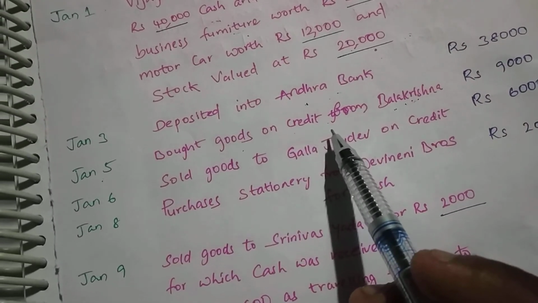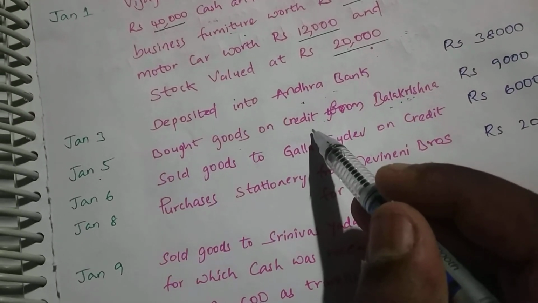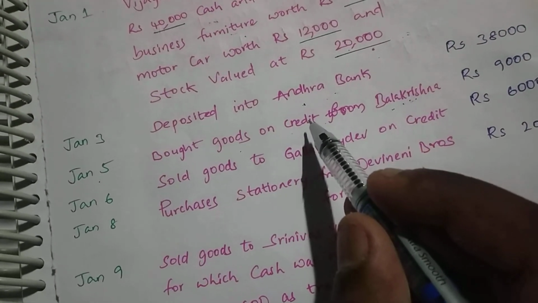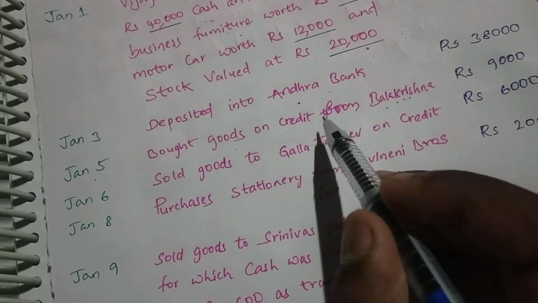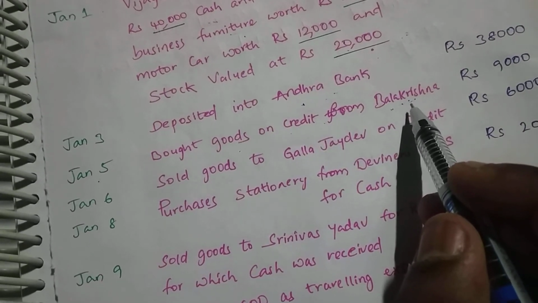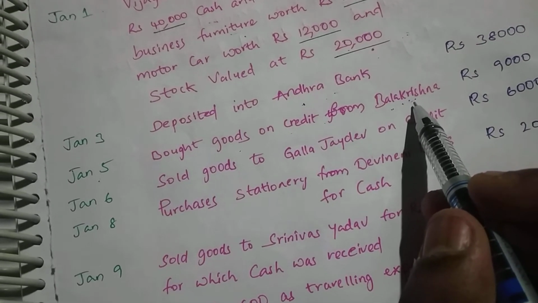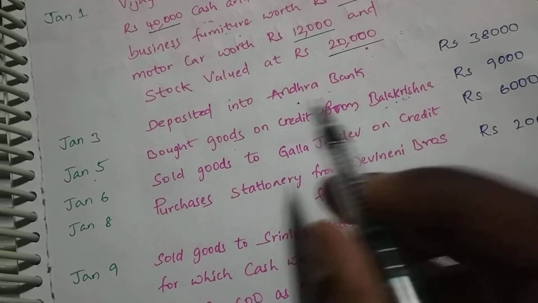So what is the general entry? What is the journal entry for cash purchases? Purchase account debit to cash account. Since we are not paying cash here, we have to credit the creditor. Who is the creditor here? Balakrishna account.